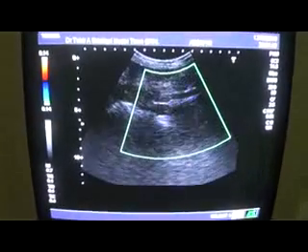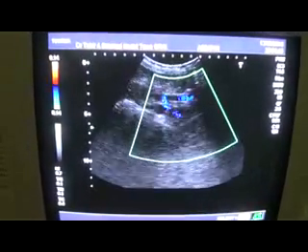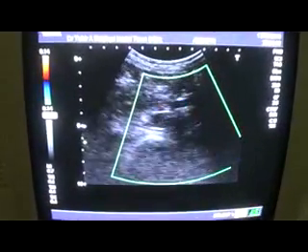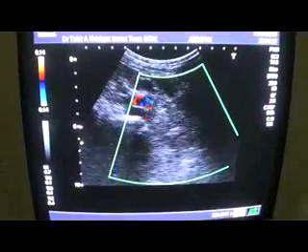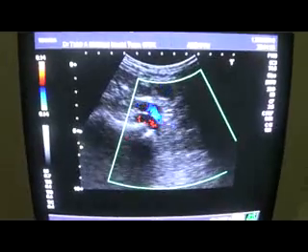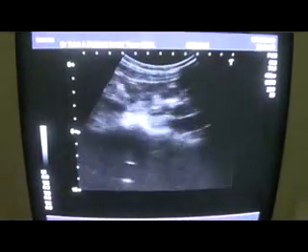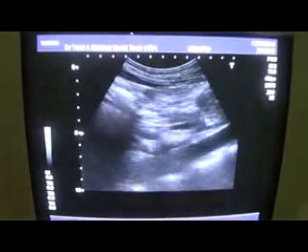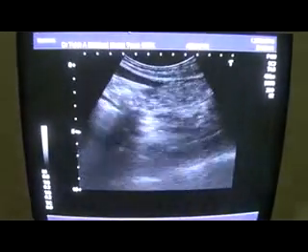Here we will see the left iliac vessels. No adenopathy is seen, no regional adenopathy, nor any para-aortic adenopathy. So these are the left iliac vessels, which are doing fine. So the mass does not cross the midline.